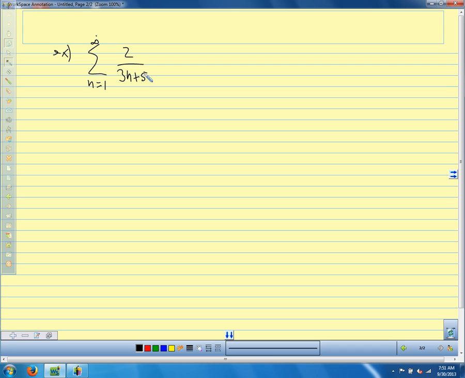So when we want to apply the integral test, we want to make sure that our function satisfies the conditions. So if we're going to relate this to a function, f of x equals 2 over 3x plus 5, we're relating this to this function.